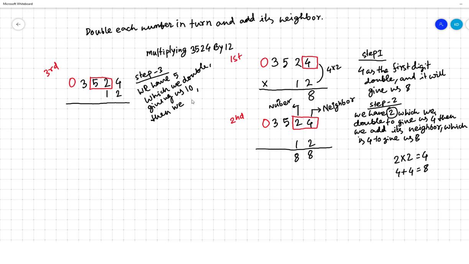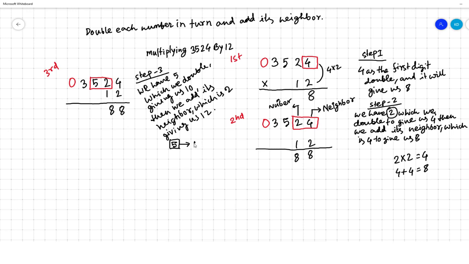Then we add its neighbor. So it will give us 12. So this is a 2-digit number. So what we have to do, just carry this 2.